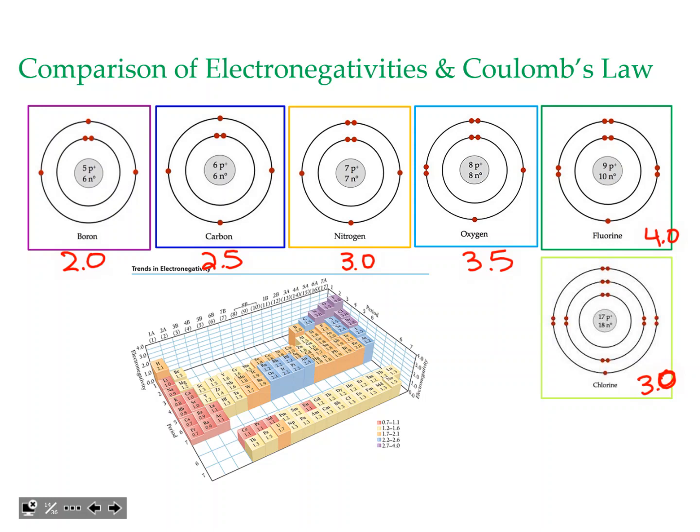Not too much, because 3.0 is the same as nitrogen. It's still a pretty high electronegativity, but its effective nuclear charge is slightly weakened by that larger distance, and therefore it drops just a little bit. So that's explaining our electronegativity values, and I'm trying to give you the Bohr model representation so that it hopefully helps you.